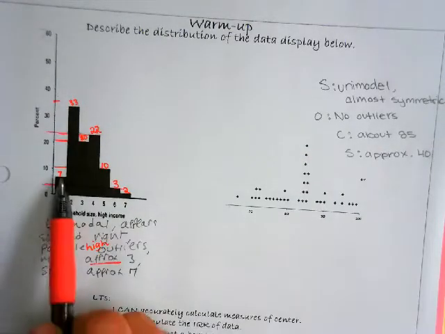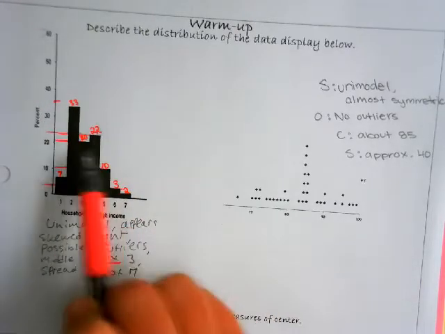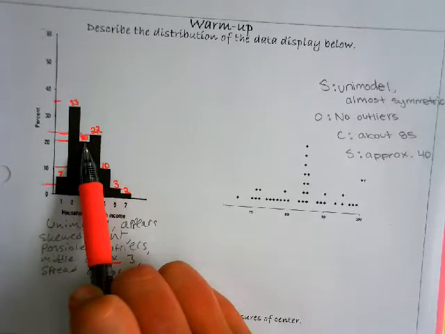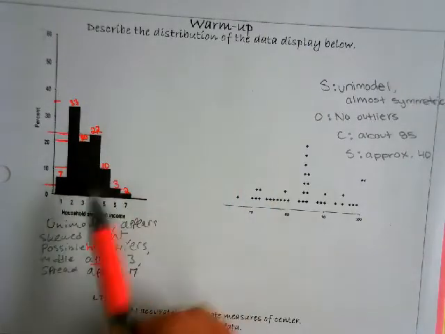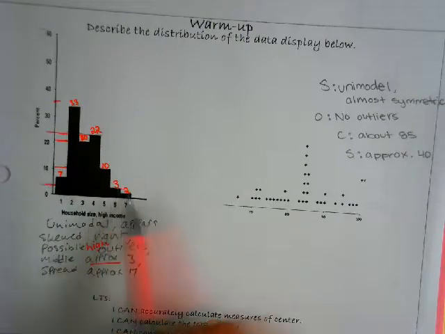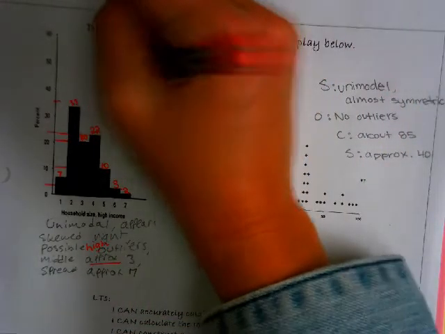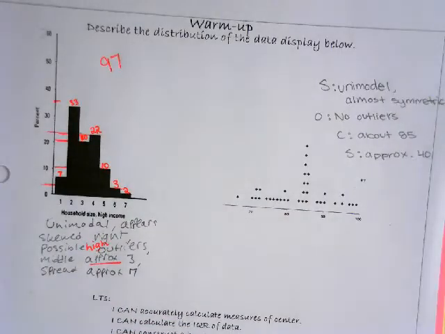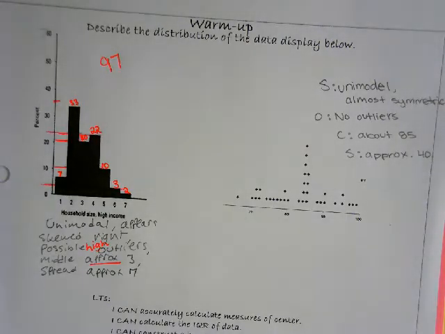So 7 plus 33 is 40, plus 20 is 60, 22 is 82, then we have 92, 95, 97. If we take 97 and cut it in half, that'd be what, 48.5?